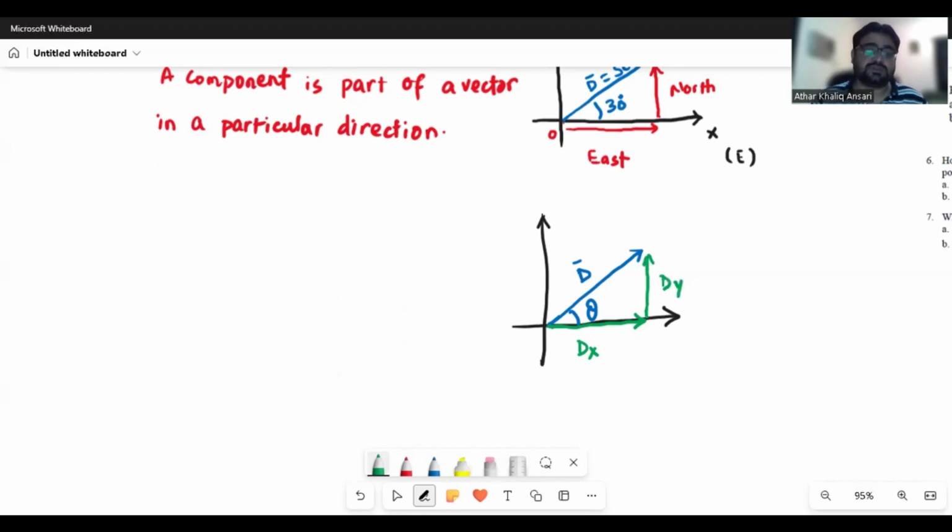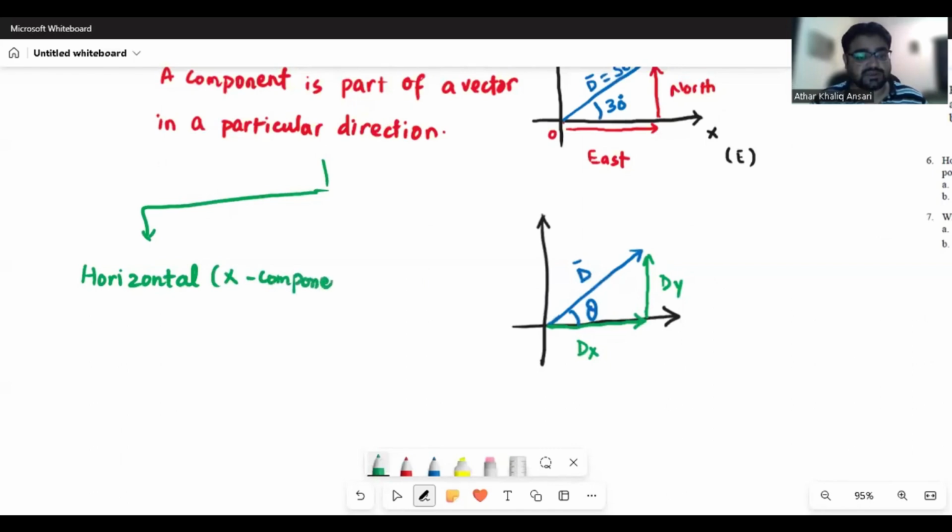Depending upon this, we distribute the vector into two components. One is called the horizontal component, also called the x component, and the other one that is along the y-axis, you can say, is the vertical or y component.